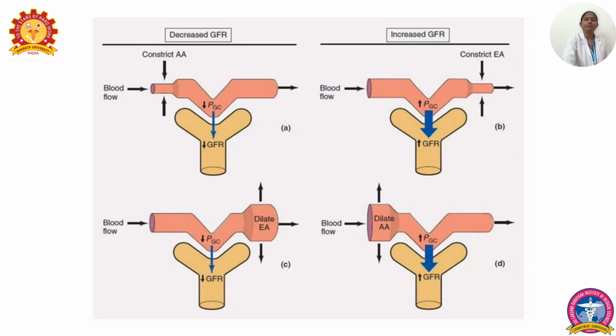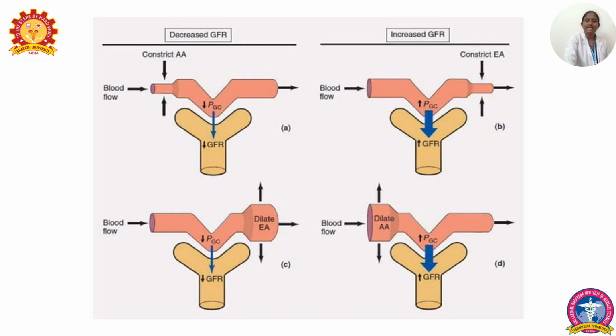Okay. Then we are moving on to increased GFR. Here you can note down. Here the afferent arterioles are normal, whereas the efferent arterioles are constricted. That means the time available for the blood to get filtered here will be comparatively more. So it increases the GFR. And another case, see the dilatation of afferent arterioles, and there's no change in the efferent arterioles.